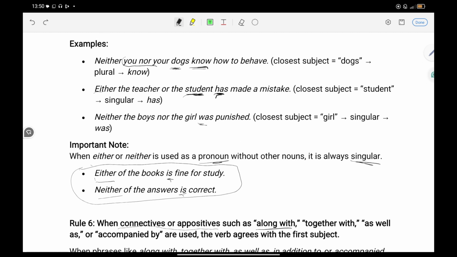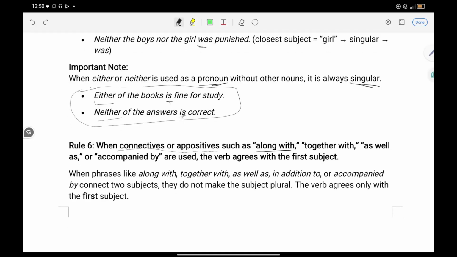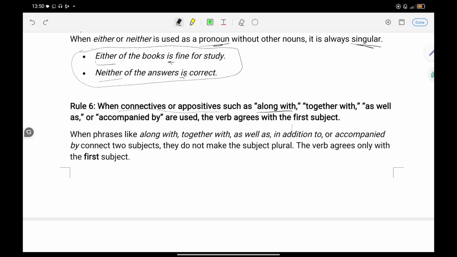See, this is the reverse of either/or. When you have appositives joining two nouns, the verb agrees with the first subject and not the one closest to it. So please remember them: along with, together with, as well as, in addition to, or accompanied by.